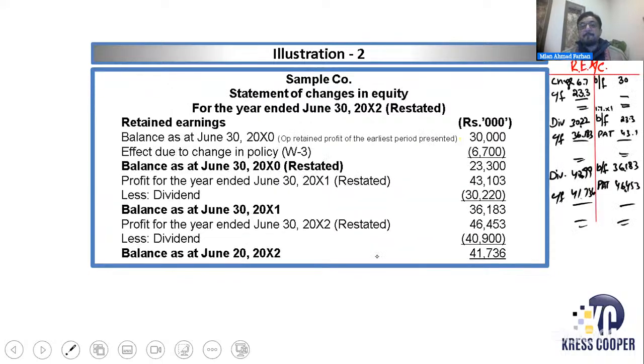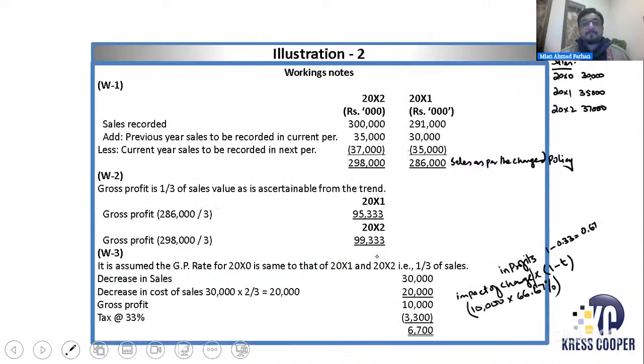If you see the working over here, 2000 X1, 30,000 is coming up from the year 2000 X0.